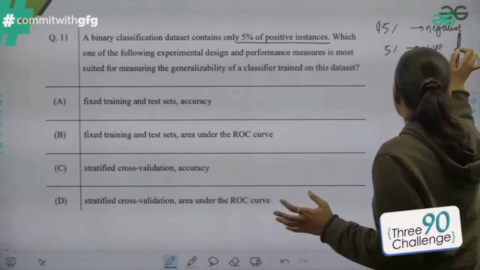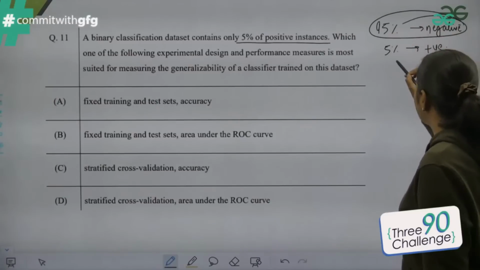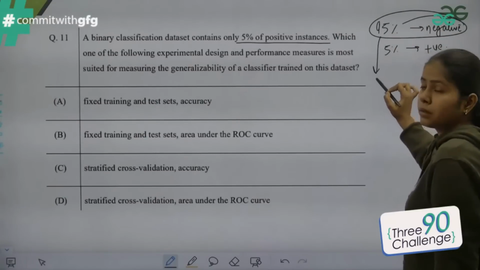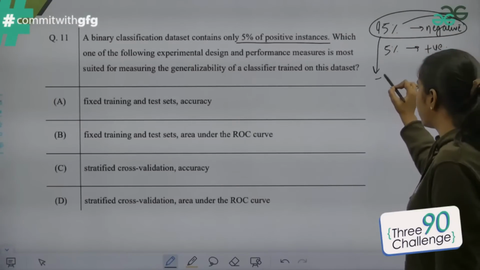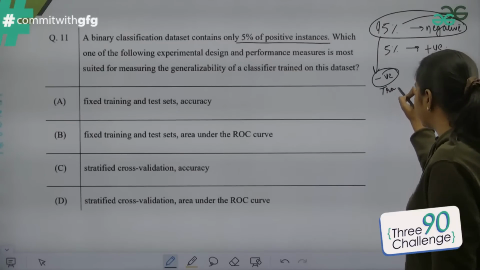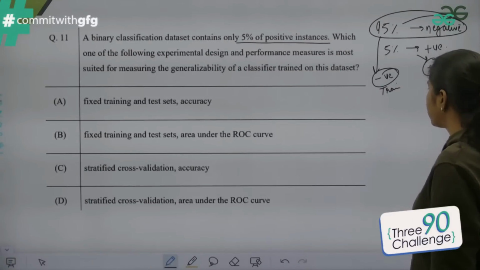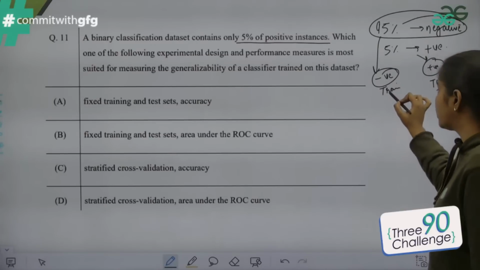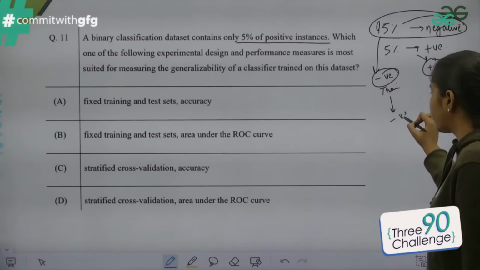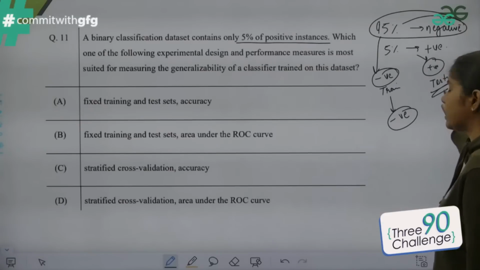Suppose I take 95% of my negative values in my training data, and this 5% I take in testing data. Now you can see that there would be a problem, because the model would give me a negative result for everything, and we have positives in testing. So we'll get 0% accuracy.